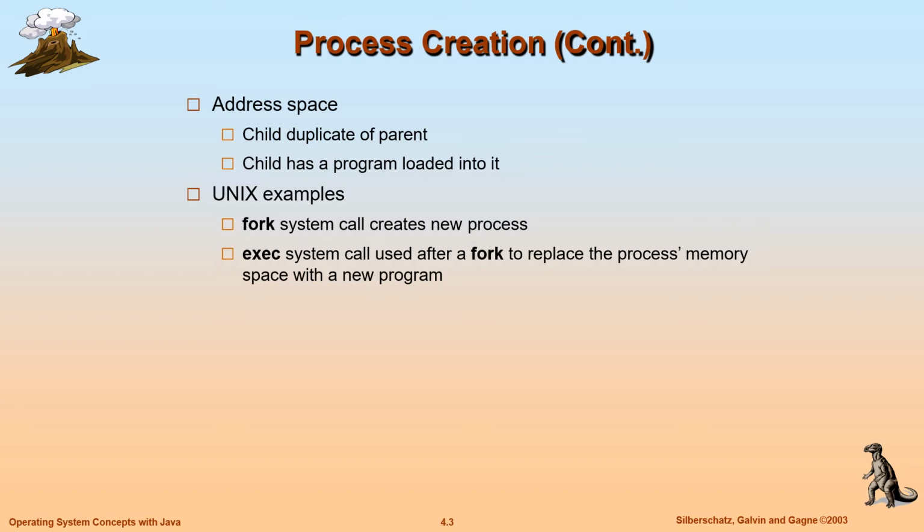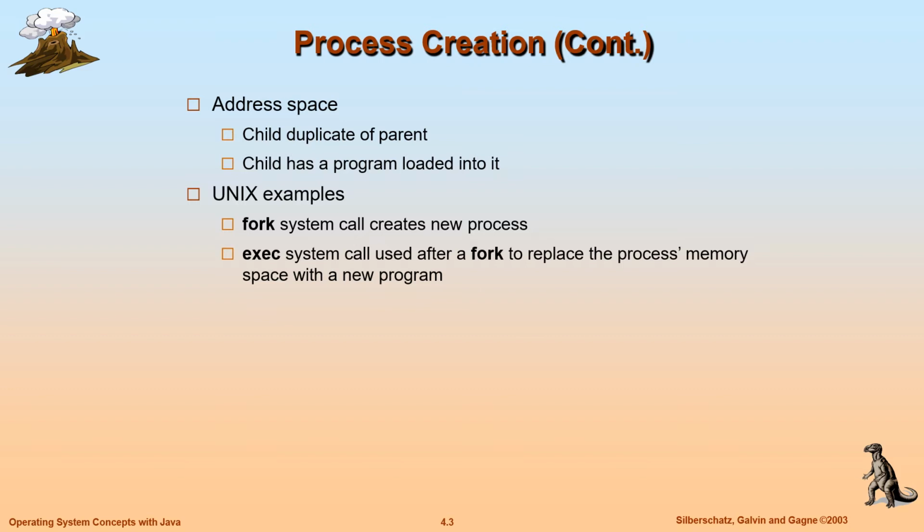Number one, the child process is a duplicate of the parent process, which means it has the same program and data as the parent. Number two, the child process has a new program loaded into it.